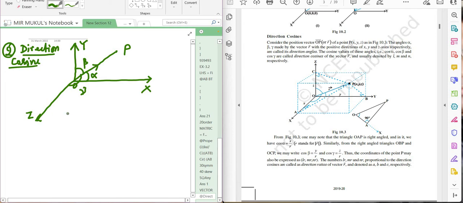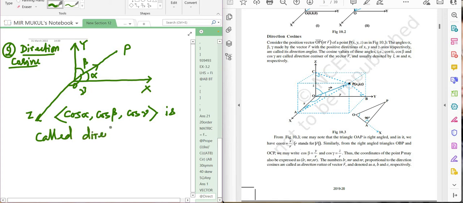Then we can say that cos alpha, cos beta, cos gamma is called the direction cosine of vector OP, right?